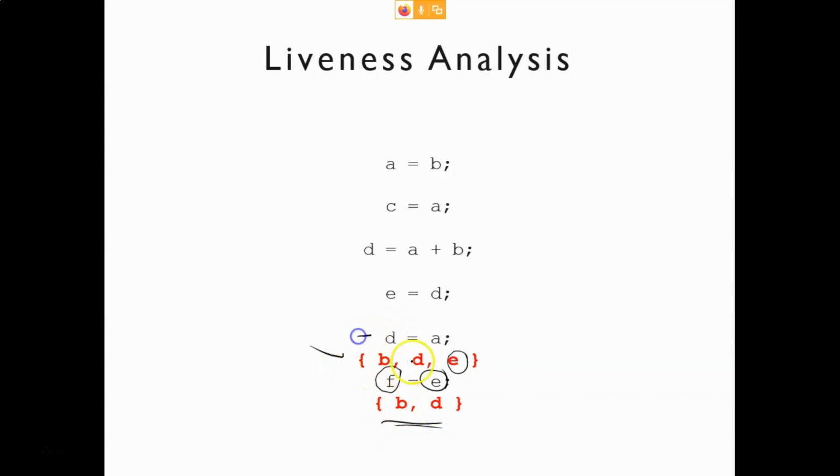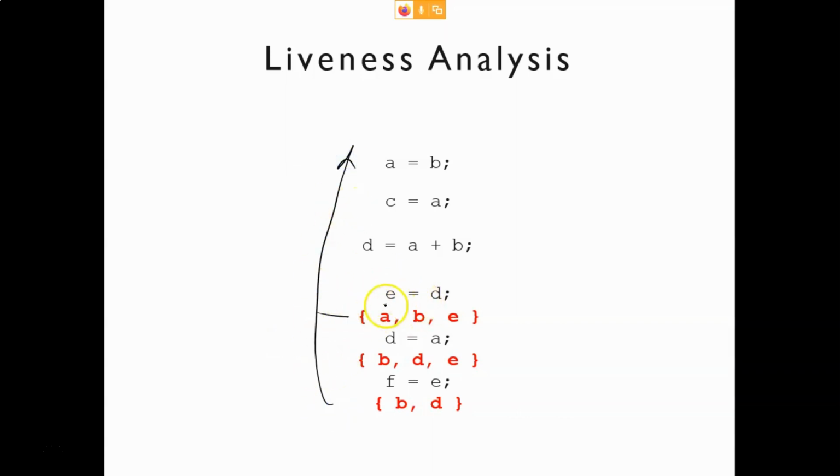Now after this statement, you will include a and you will remove d. You include a because you are using a, and because you are redefining d, you will remove d. Now remember, we are going in the reverse direction. So before the statement e equal to d, d will be live because we are using it. So you will include d and you will remove e.